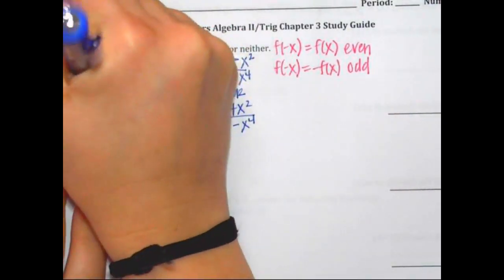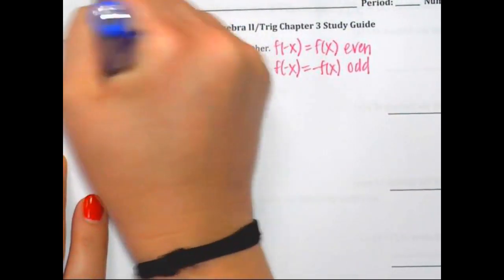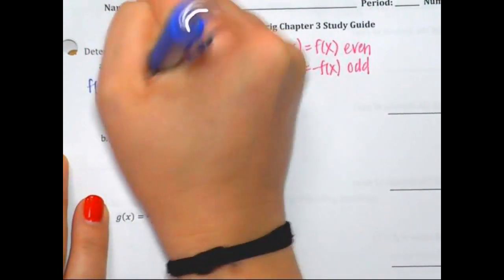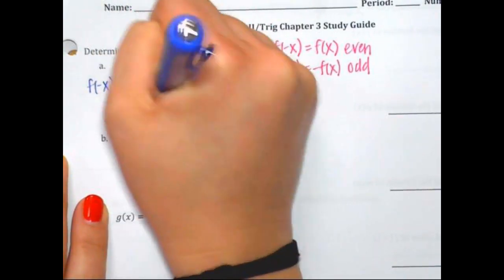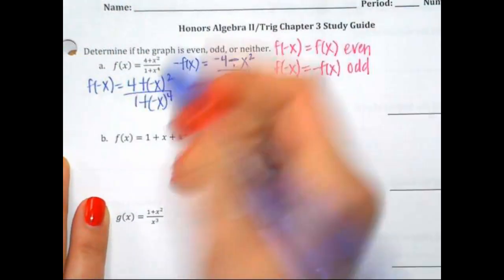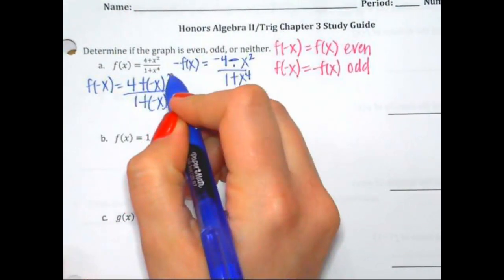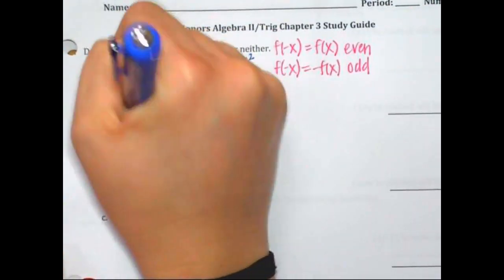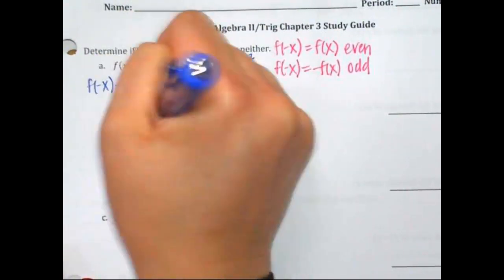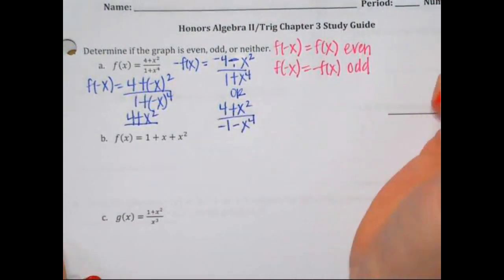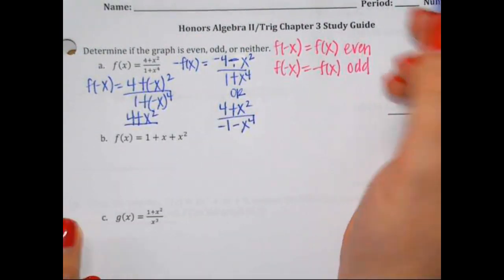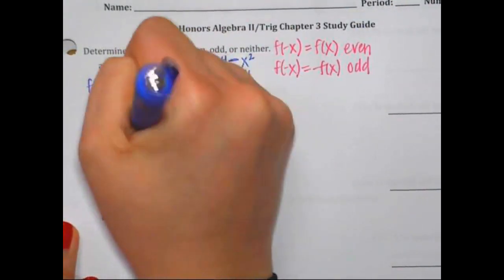So let's plug in f of negative x. That would be 4 plus negative x squared all over 1 plus negative x to the 4th. Now, negative x times negative x gets me a positive x squared. And then negative x times itself 4 times gets me x to the 4th, positive as well.